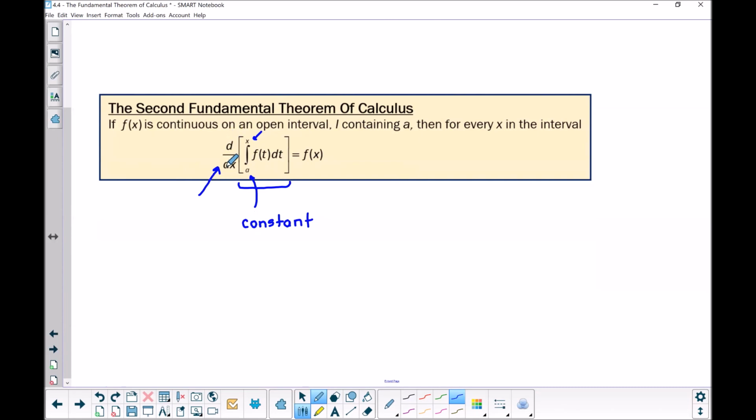You're taking a derivative of an integral? Wouldn't those cancel each other out? Well, you tell me, isn't that what happened? They do cancel each other out. Now, what you get isn't f of t, but it's f of x. You want to know the super shortcut? Take the upper boundary, replace the t in the expression, and you've got your answer. And that's all there is to the second fundamental theorem.